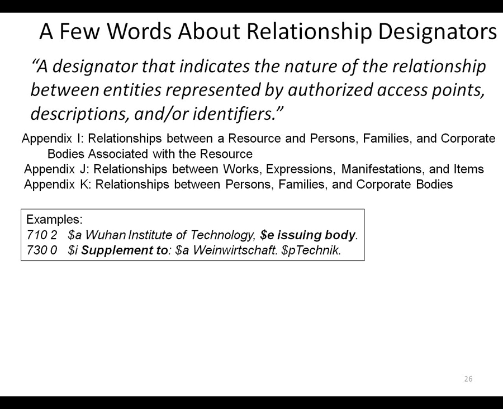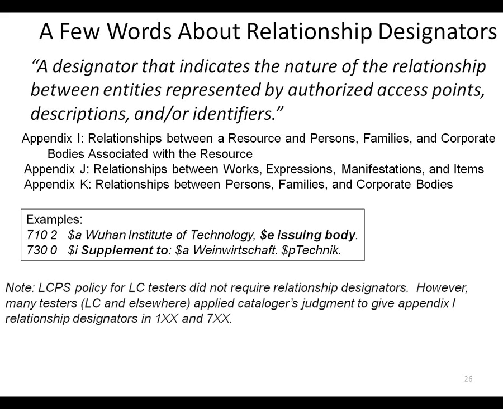Now, just to let you know, if you are looking at any test records that were created by LC testers, the policy statement associated with these practices did not require relationship designators. So you'll see many records that don't have the subfield e or the subfield i as part of the added entry.